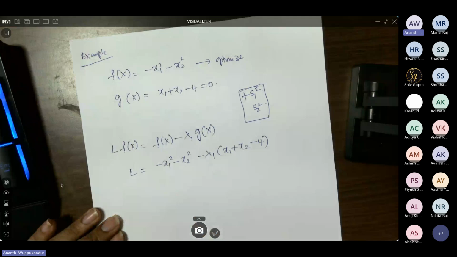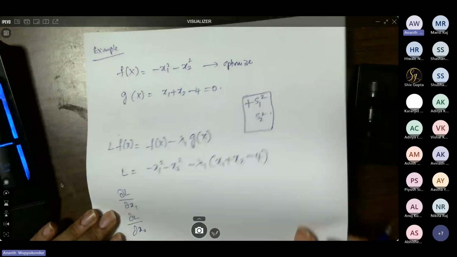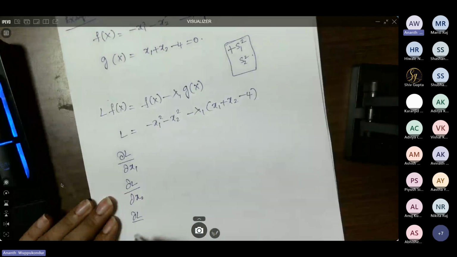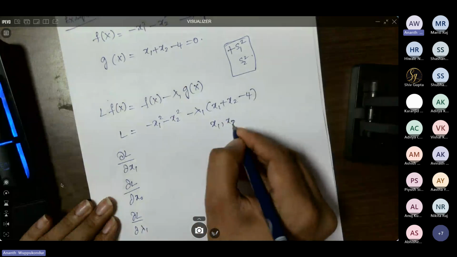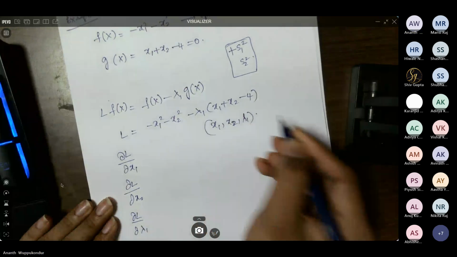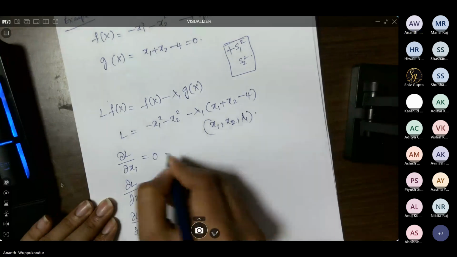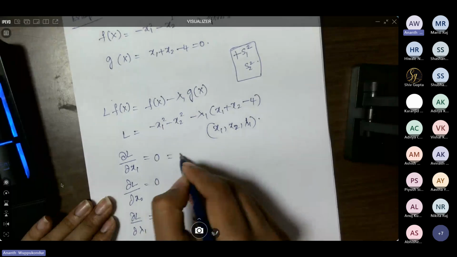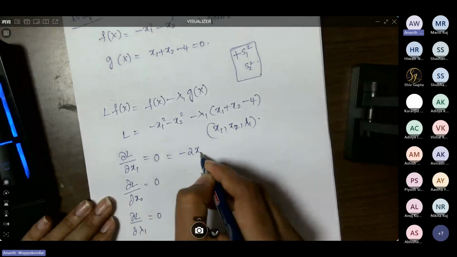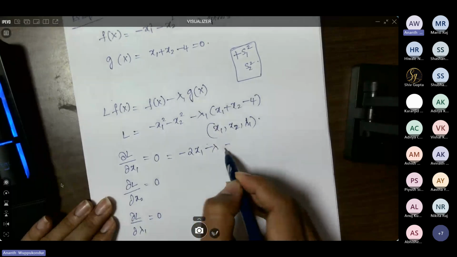And you can differentiate L with respect to x1 and then with respect to x2. And here the variables are only 3, so differentiate with respect to lambda 1 as well. So these are our variables x1, x2, and lambda 1. You differentiate with respect to each of them and then equate it to 0. If I differentiate with respect to x1, what I get is minus 2x1 minus lambda, that becomes 0.